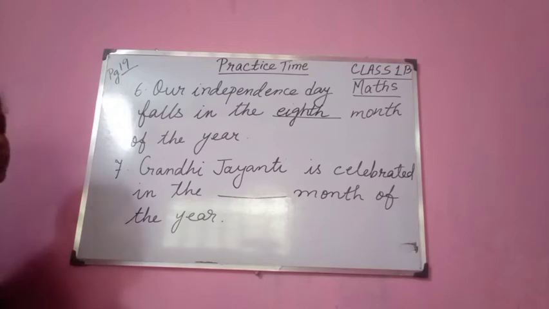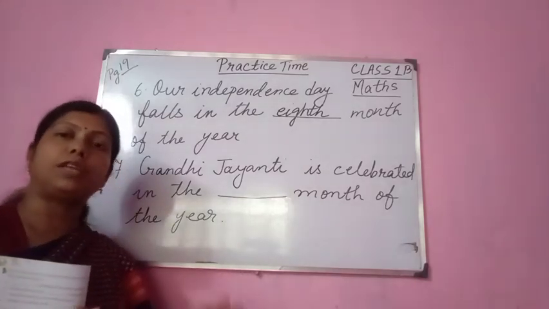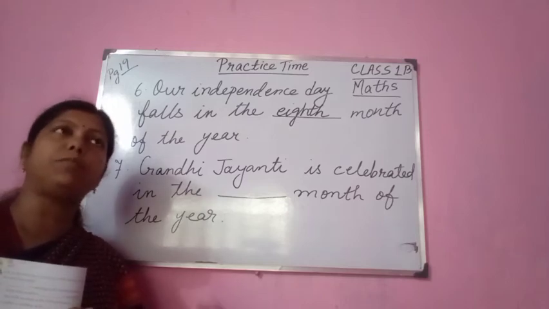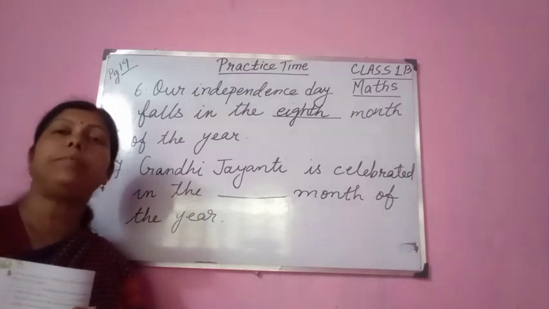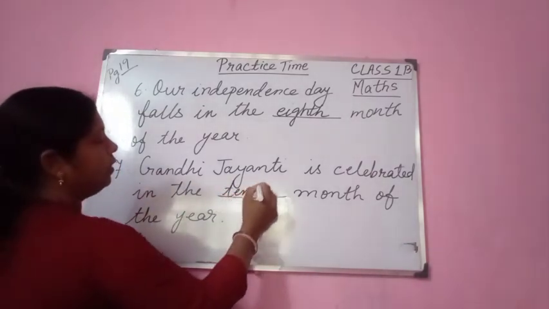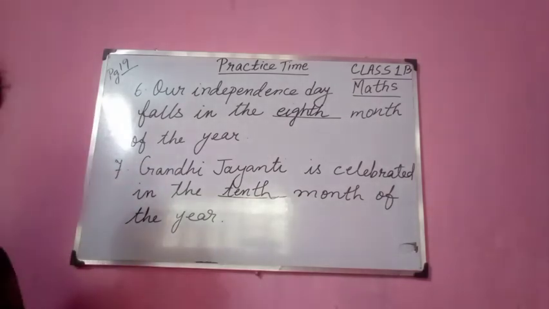It is celebrated on 2nd October, isn't it? Just see which month it is. January, February, March, April, May, June, July, August, September, October. So October is the 10th month of the year.